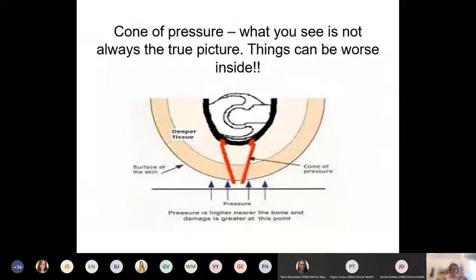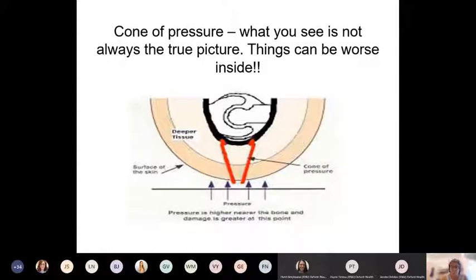Okay, so just to raise your awareness of how deep pressure ulcers develop. Often it's all happening down below, and you only see it on the skin when it's been some time after the event. So the forces are such that when you've got this significant pressure between the bone and the surface that you're sitting on, the tissues in between, identified there as the cone of pressure, suffer the pressure damage itself, and that's where the tissue necrosis happens.